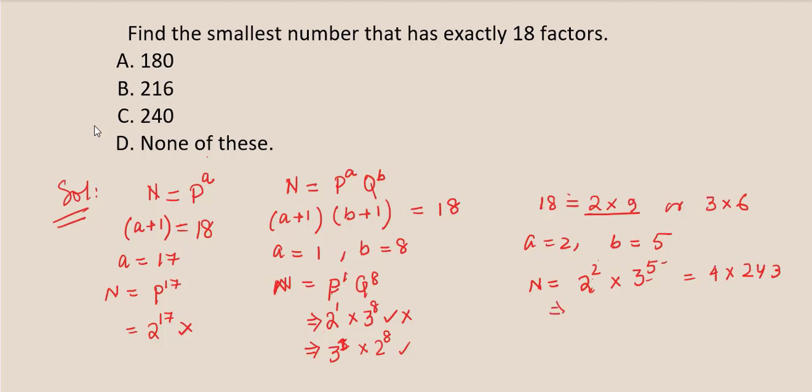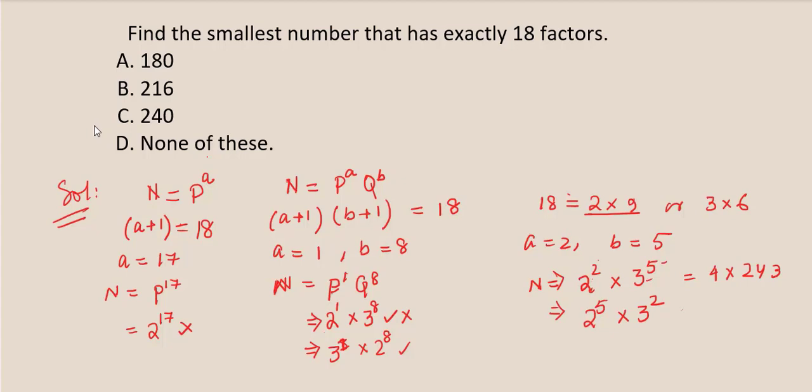So from here as well, we can write it as 2 to the power 5 multiplied by 3 to the power 2. In that case as well, we would get a big number.